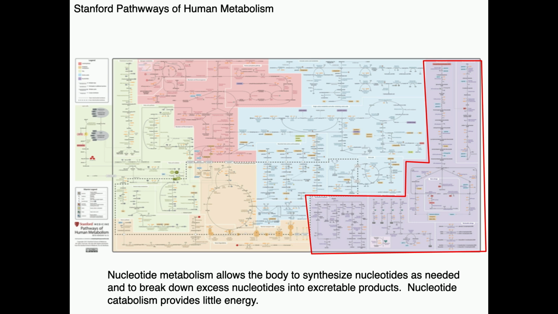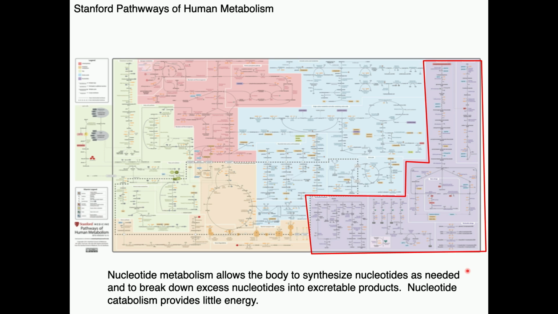The basic high-level summary is that we need nucleotides, so we synthesize them from simple precursors. When we break them down, we can't get much energy from them. Nucleotides don't represent a source of stored calories within our body. As such, we try to not break them down and we try to recycle and reuse them as much as possible.